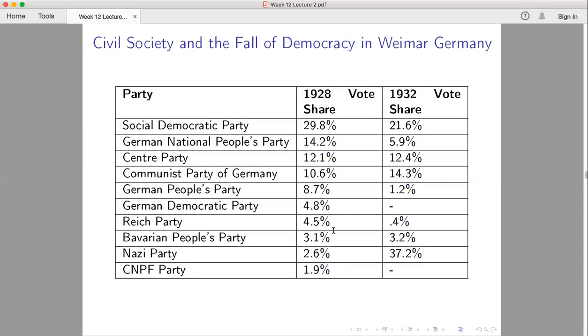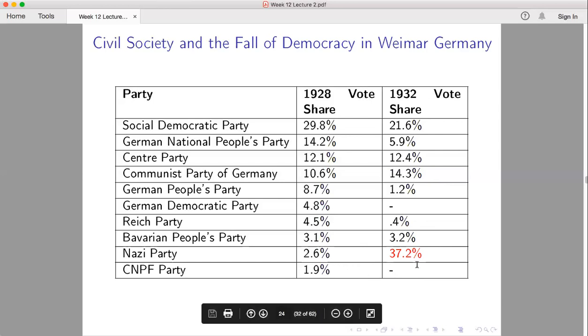But if we look at 1932, what we see is that they've been able in the short span of 4 years to increase their vote share to 37.2% of the vote, making them the highest ranked party in 1932 and giving them effective control over the German state and the German Reichstag.